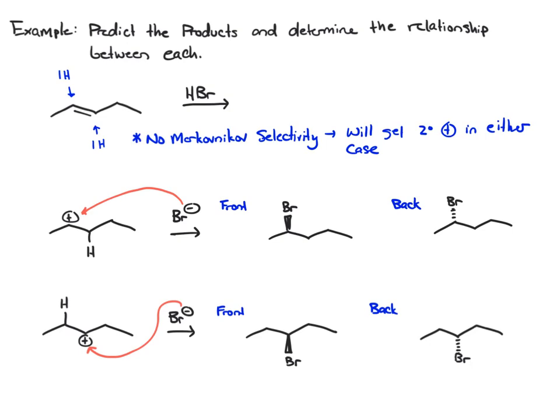So now if we look at the relationships between these. First, notice that in the top two products, we have a chiral center. The two products are non-superimposable mirror images, so they are enantiomers. The bottom two products, you might be quick to look and say, oh, well, they're mirror images, they should be enantiomers.